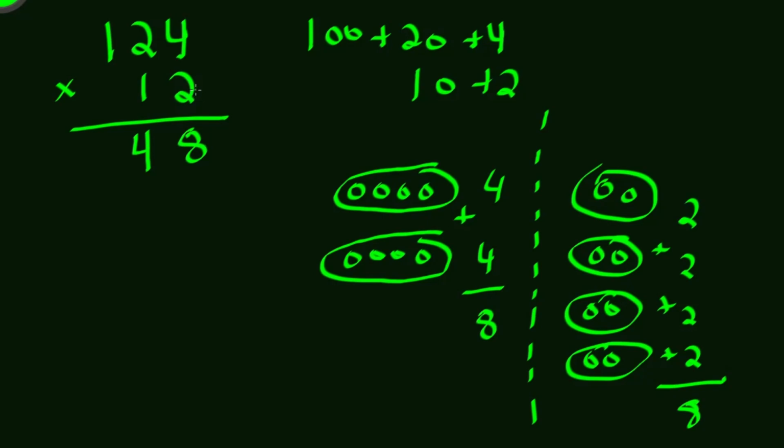When we are doing the standard algorithm, we just say 2 times 2. We don't talk about its place value. In fact, what this is really saying is 2 times 20, because this number here is in the tens column. The 2 is actually 20. So 2 groups of 20 equals 40. 20 plus 20 is 40.